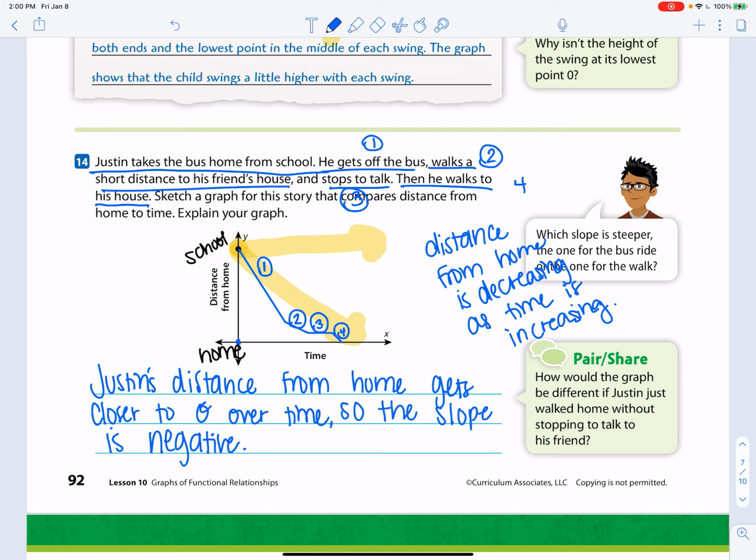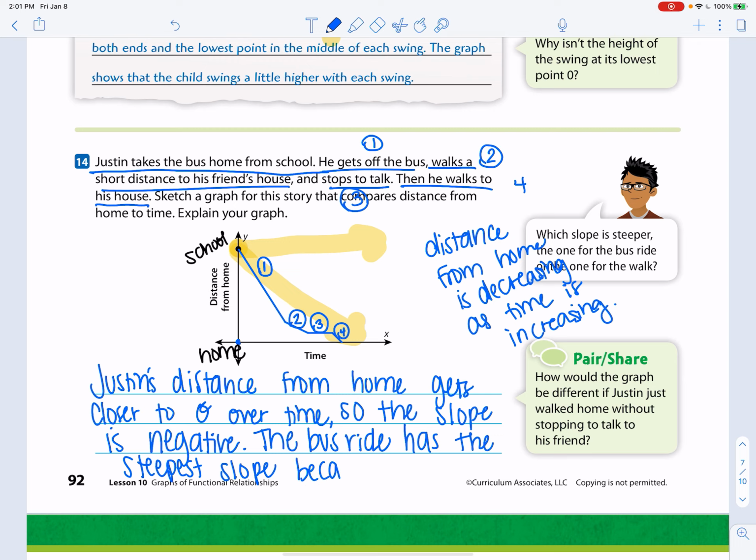All right, so the bus ride is the steepest part, or let's say the bus ride has the steepest slope, because more distance is being covered in a shorter period of time.